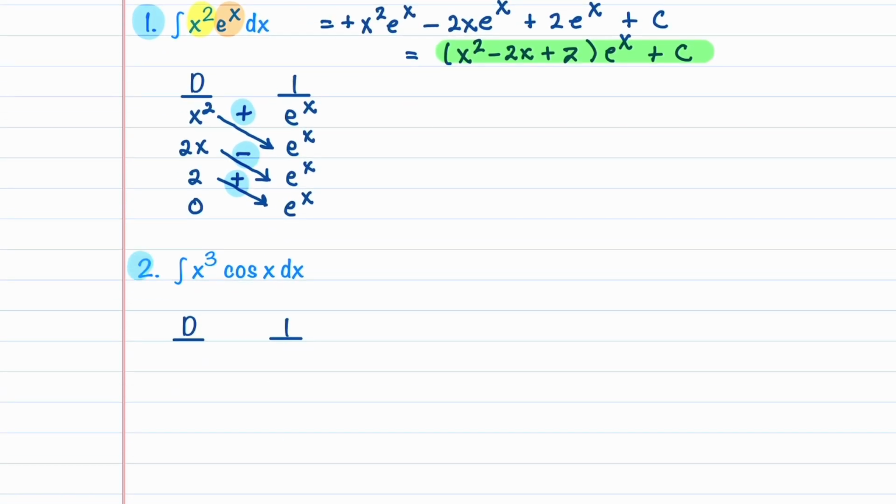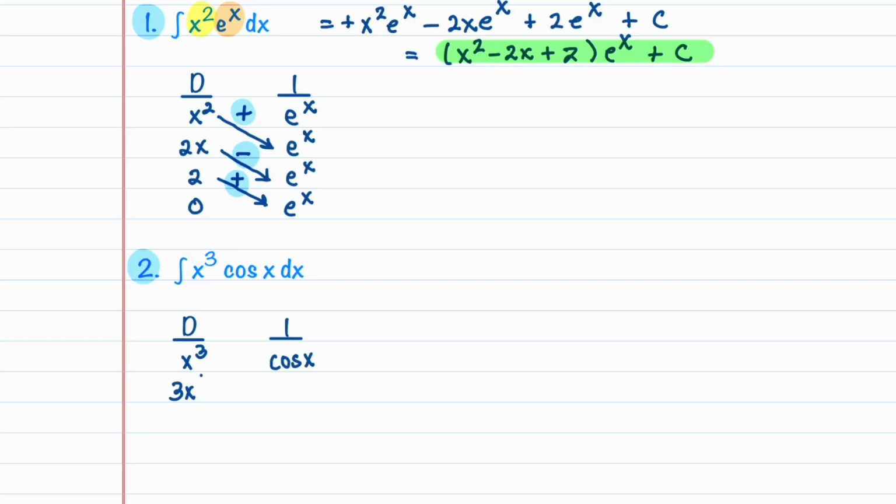Let's do one more tabular integration problem. You may want to pause the video and see if you can complete this on your own. We're going to start by choosing the function that we're going to differentiate. That's x cubed. And then the function that we're going to integrate is cosine x. Now let's take the derivative.